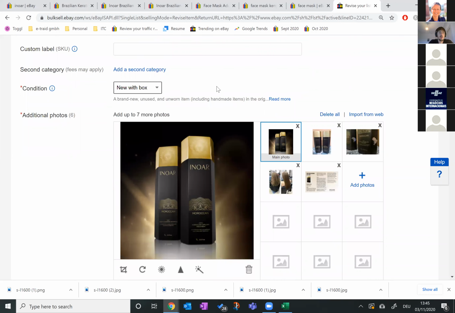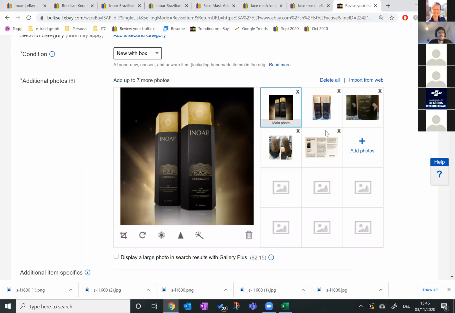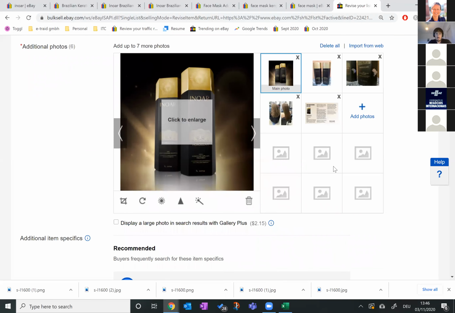Usually we have a condition, which is usually going to be new in a box, and then on images, as you all will know because you've all been selling, the images are extremely important in terms of the click-through rate from the search results into your listing.